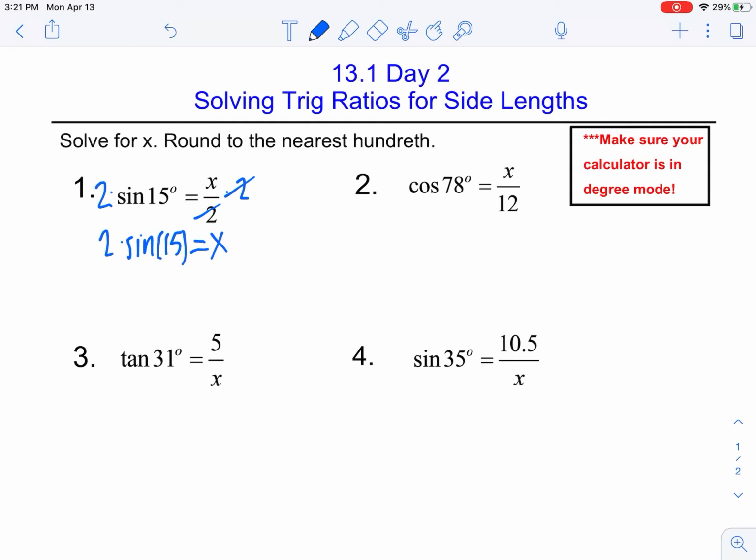Go ahead and type that part on the left in your calculator. 2 times the sine of 15, and then round to the nearest hundredth. We should get 0.52 equals x. Then make sure you go ahead and write your variable on the left side for your final answer.